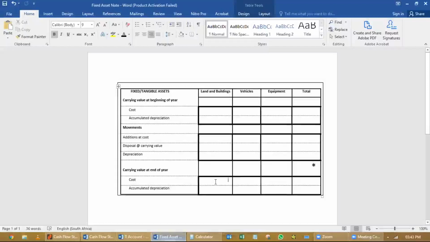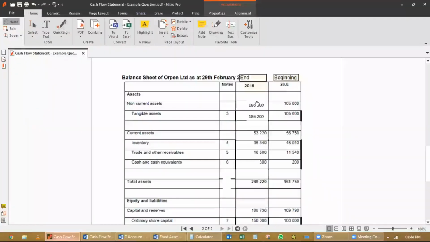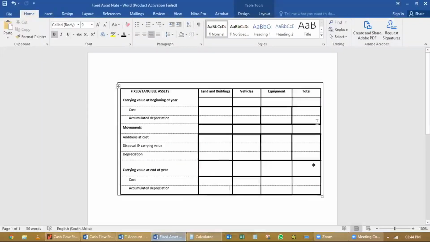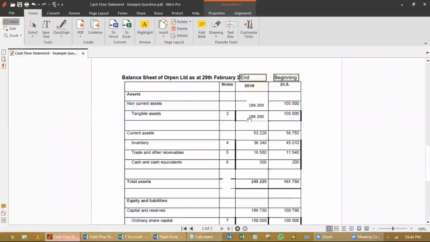Carrying value is cost price less your accumulated depreciation. So you can't take those two amounts from each other and say that's how much assets I purchased, because it's incorrect. If you look at this note, there's a lot of other stuff involved. Those amounts are carrying value, so you can't just use the difference between them. It will be completely wrong.